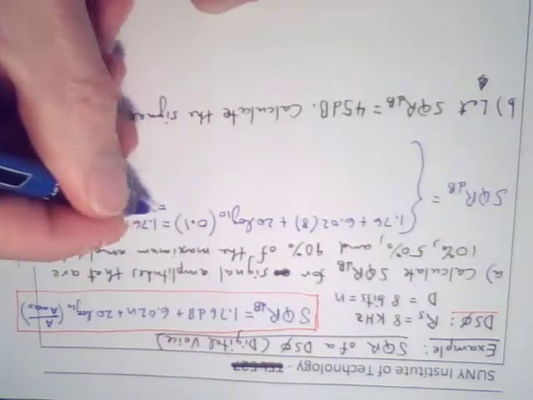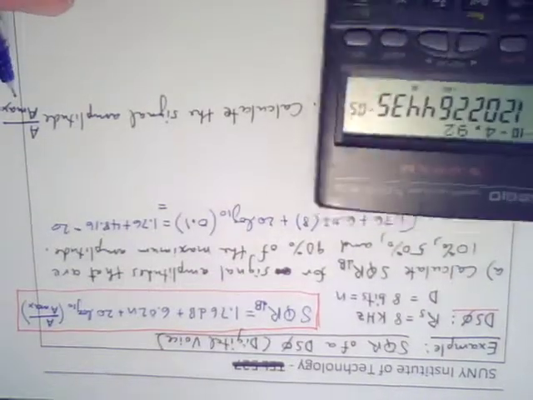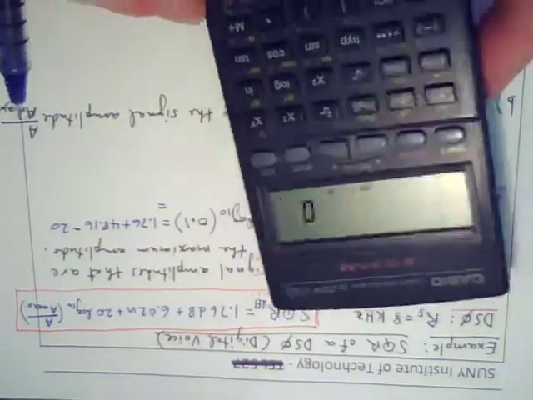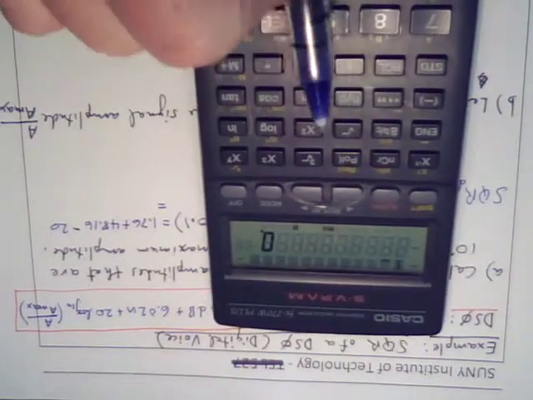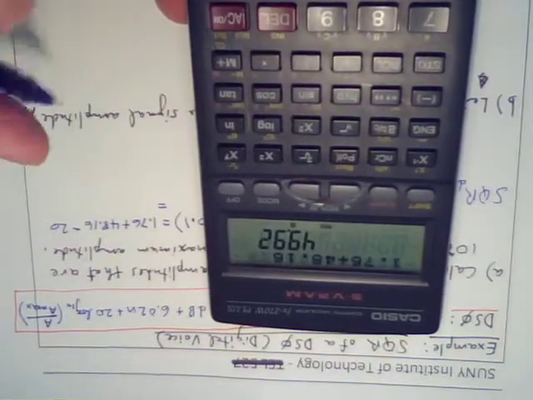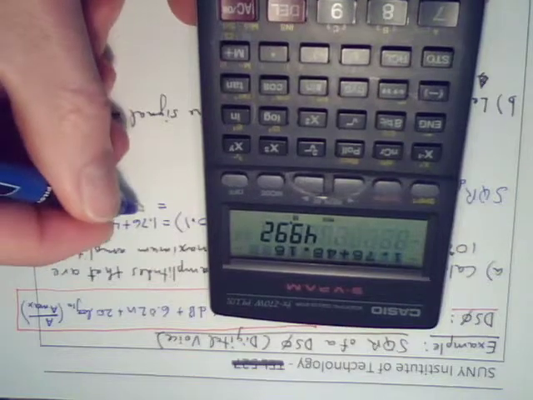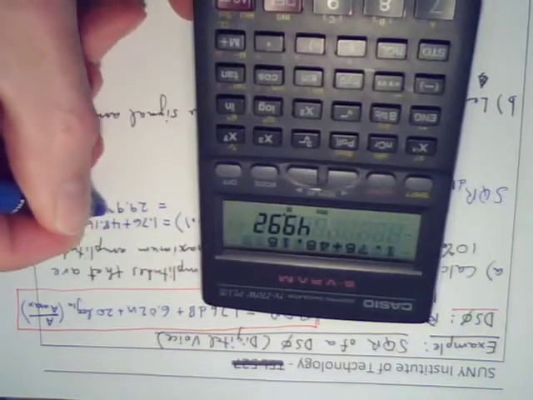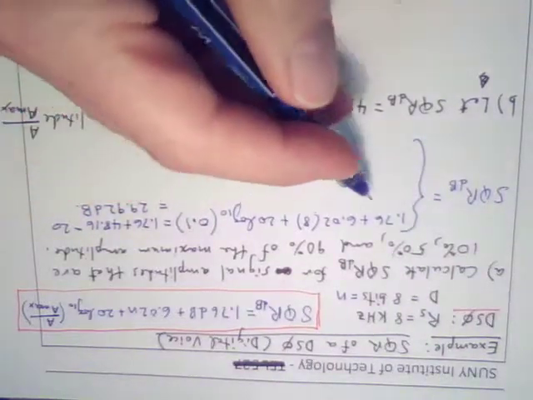And so for this one we get 1.76 plus 48.16. 1.76 plus 48.16 is 49.92 minus 20, which is 29.92 decibels.